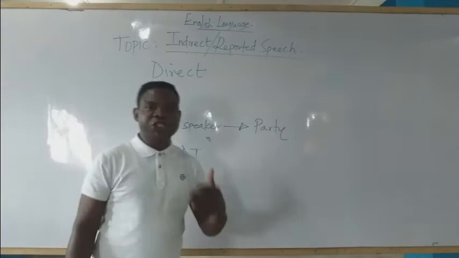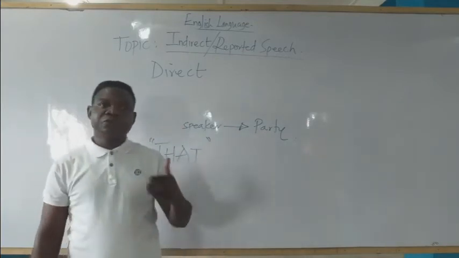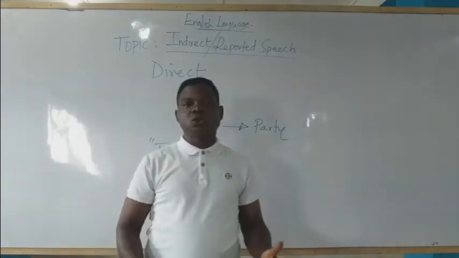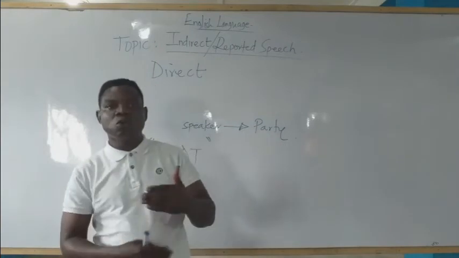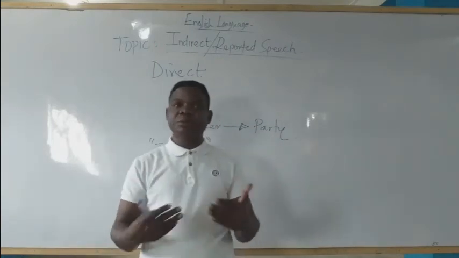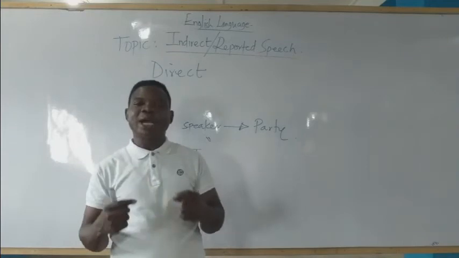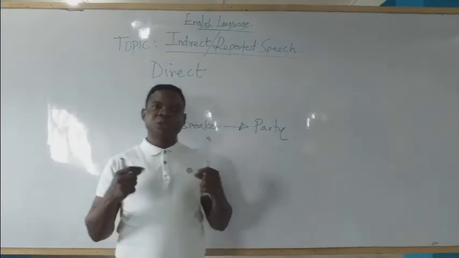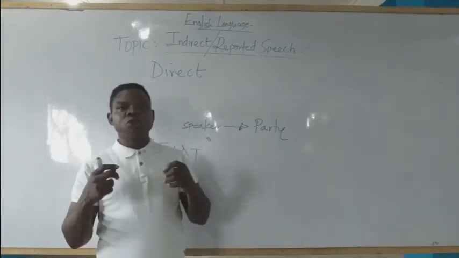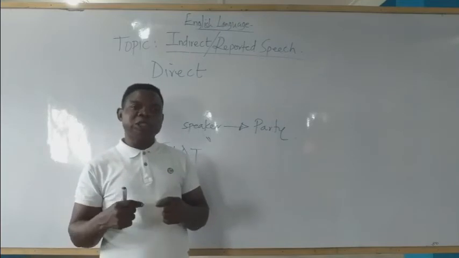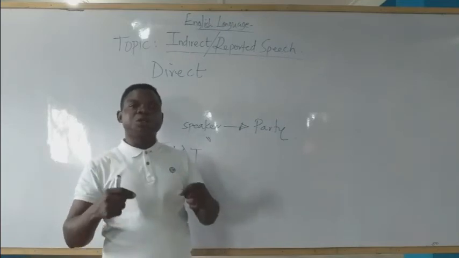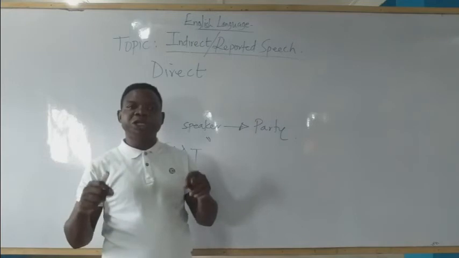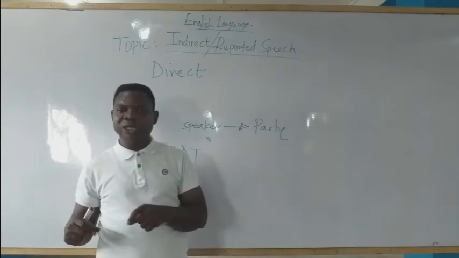Now, for us to change an expression from direct to indirect form, what are the steps that must be taken? This is why, as students of English language, you all must know the steps required in answering English language questions.